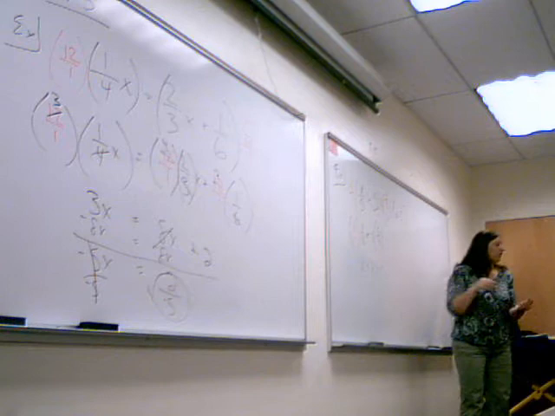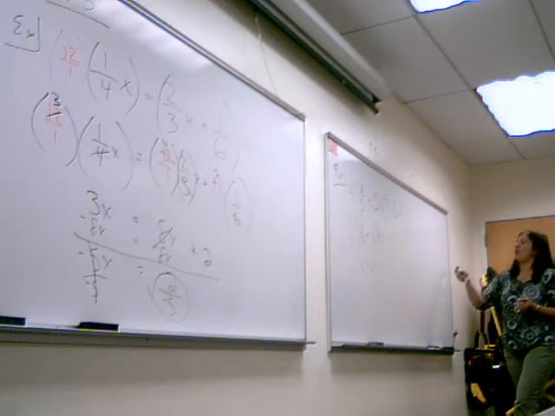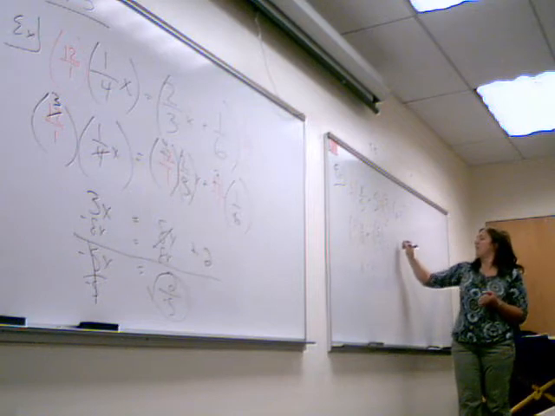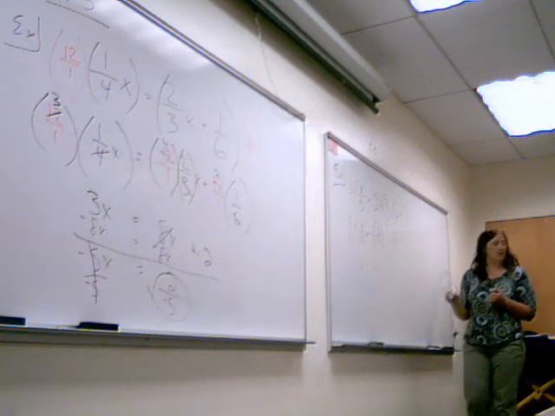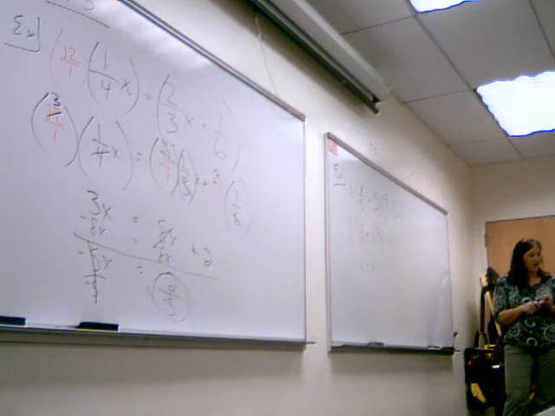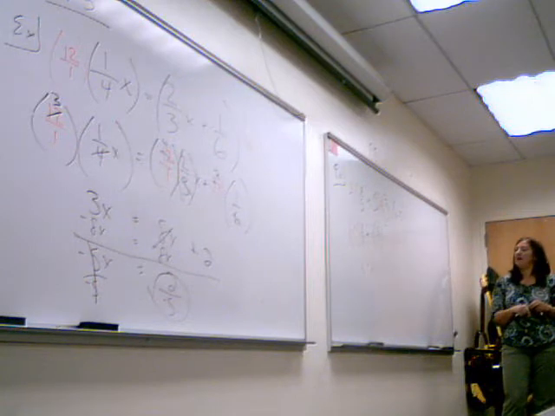A lot of you would probably distribute and then multiply by 5, but it's actually pretty slick if you go, I've got 5 times 3, so that's 15, and then I can distribute. Either way will work. What you have to be careful about is that sometimes students will multiply it twice, and then they get really crazy numbers. So just make sure you know how you're going to do that.